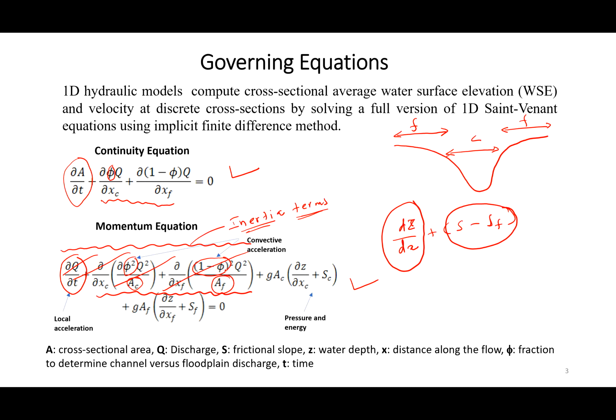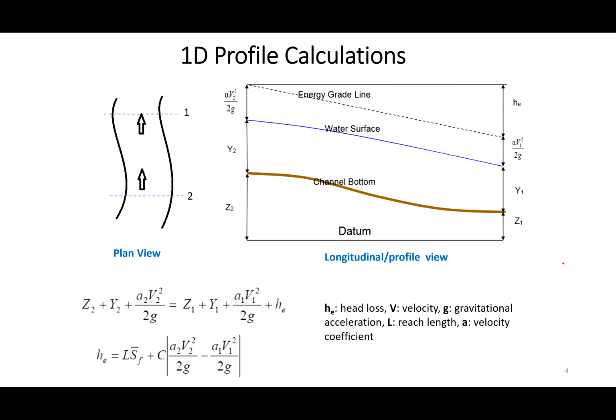Okay. So if you ignore the inertia term, you end up with basically dz over dx plus the friction slope term equal to 0. This is very simplified, and we try to solve this equation by writing the energy equation here. If you have taken 340, you must be familiar with this expression.